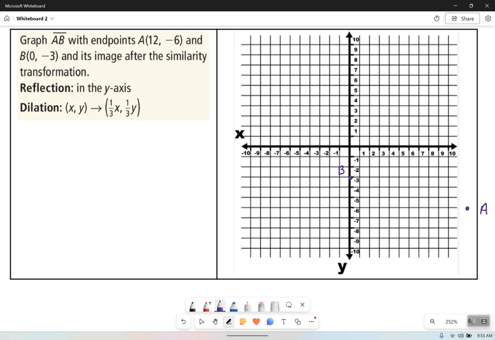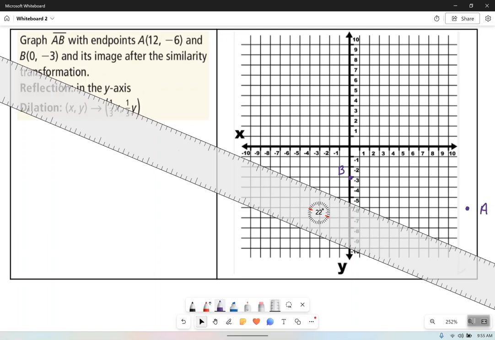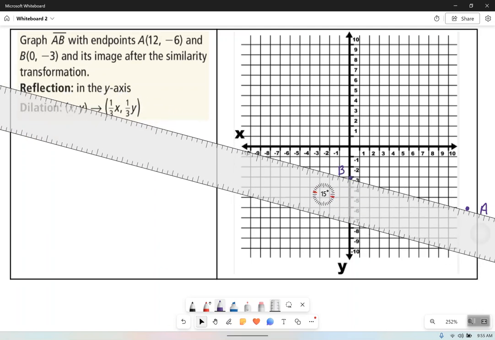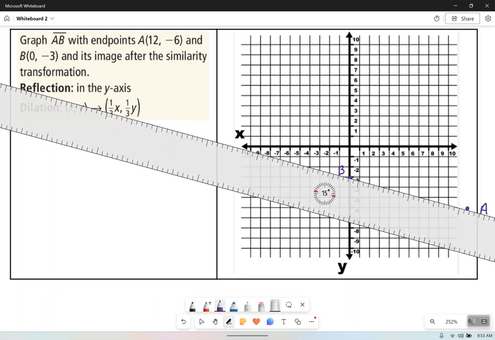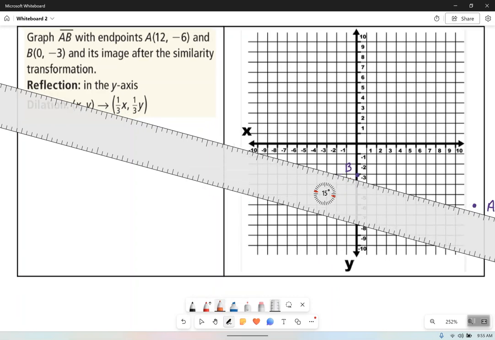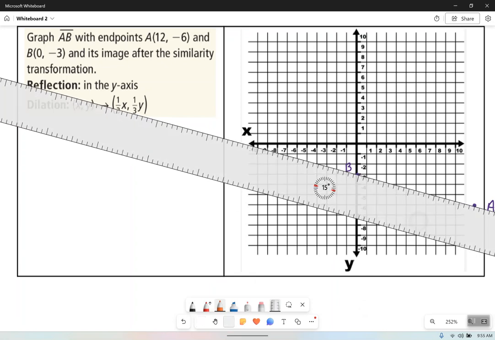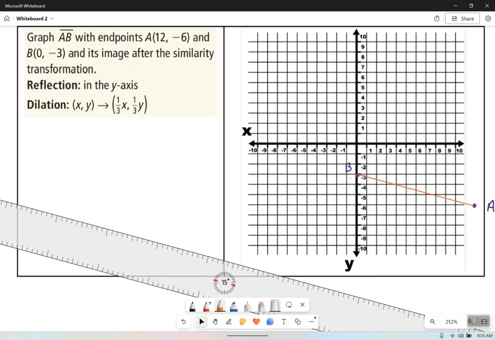All right, friends, let's roll. Go ahead and draw your line segment. I'm going to do the same thing here. All right, I've got my line segment drawn there, okay?